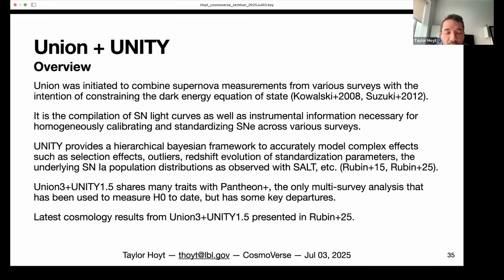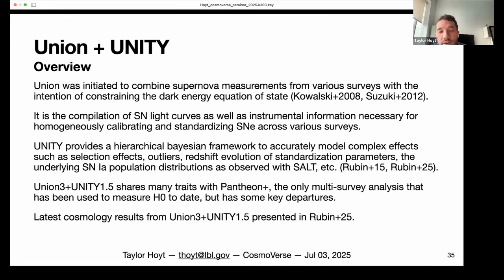Union is a compilation of surveys that was initiated to combine supernova measurements from various surveys to constrain the dark energy equation of state. You could almost think of it as a distance ladder in redshift, where what you're laddering is the calibration of different surveys that cover different ranges of redshifts. So Unity is the framework that models the supernovae data compiled in Union.